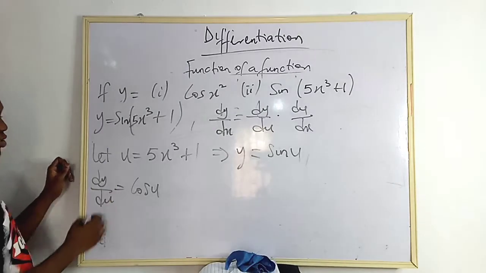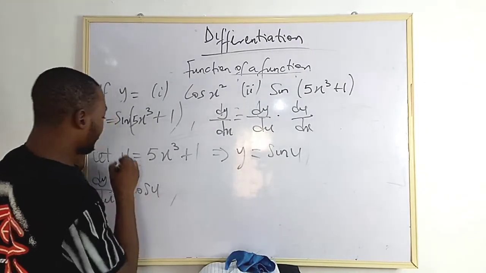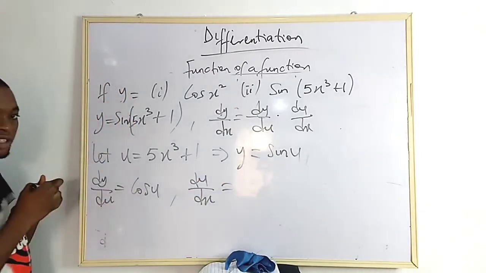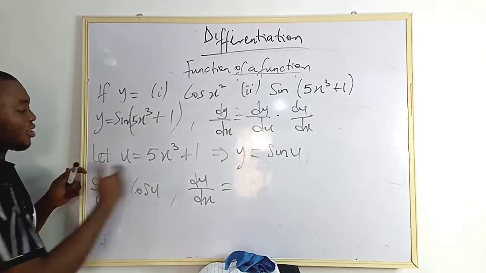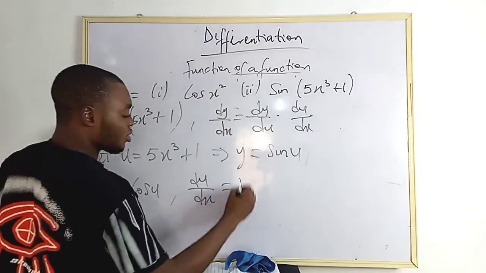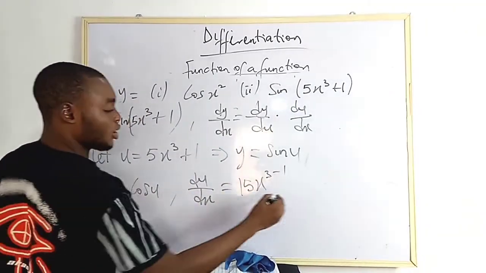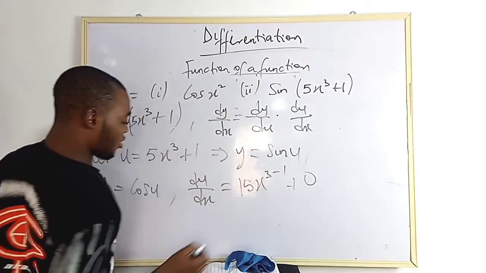Then we find du/dx: differentiate u with respect to x. 3 times 5 is 15, x raised to the power 3 minus 1, plus the derivative of 1, which is 0.